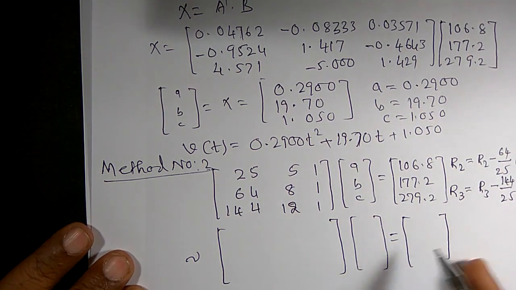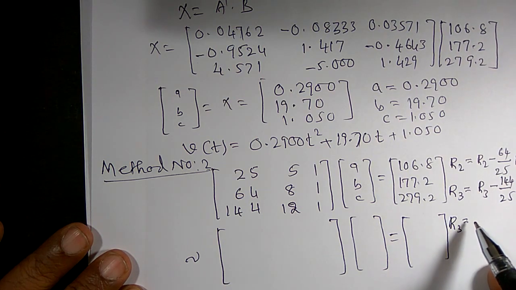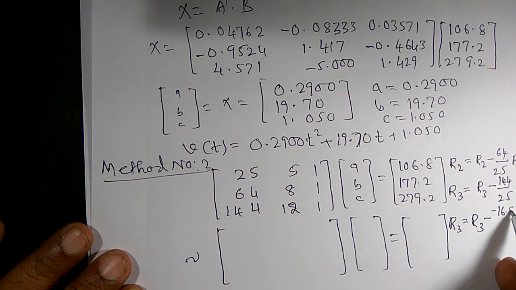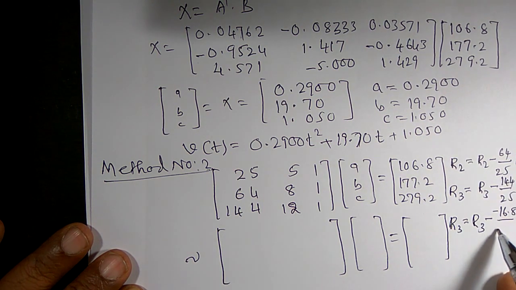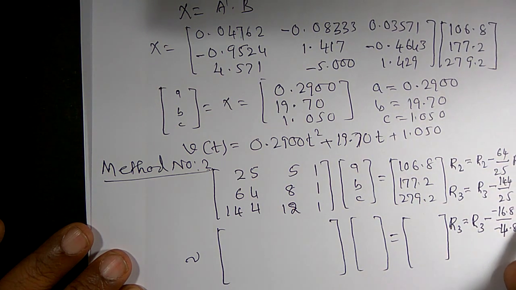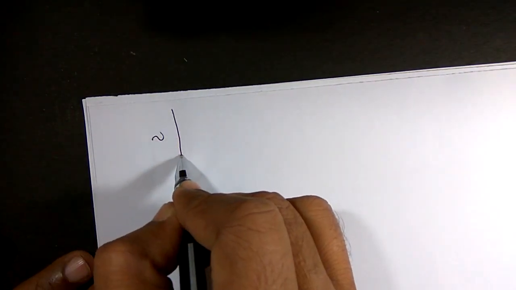On this matrix I am going to operate another operation. R3 is equal to R3 minus 16.8 divided by minus 4.8 into the second row, namely R2. So now what you will get? I can obtain an equivalent matrix.